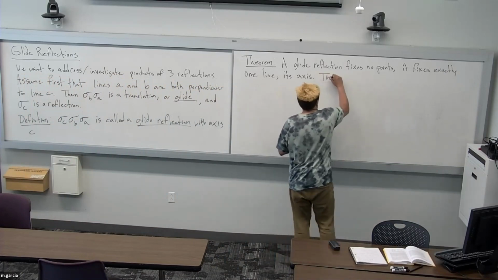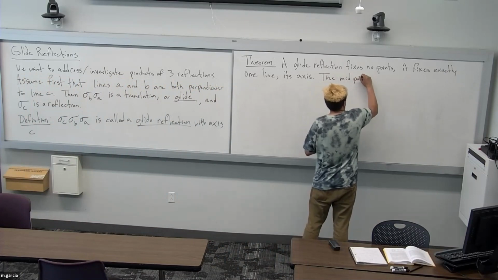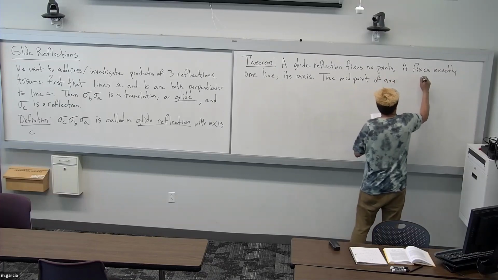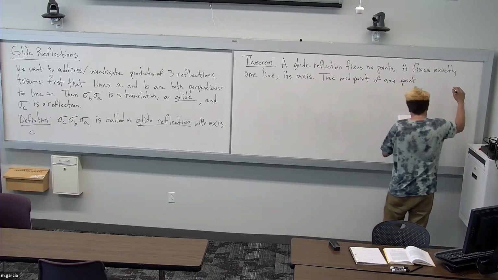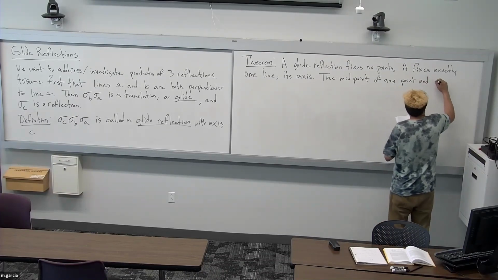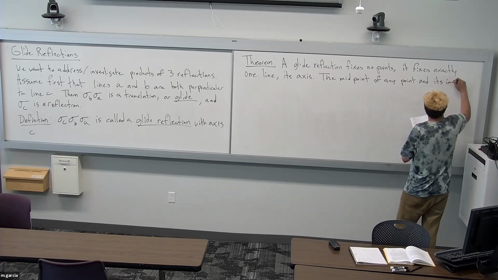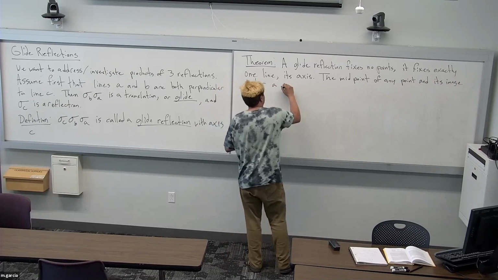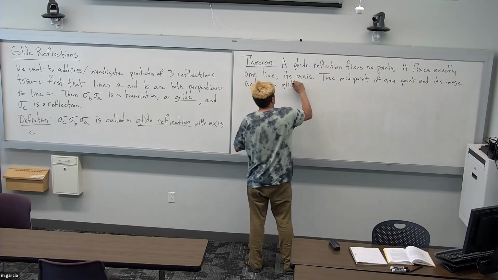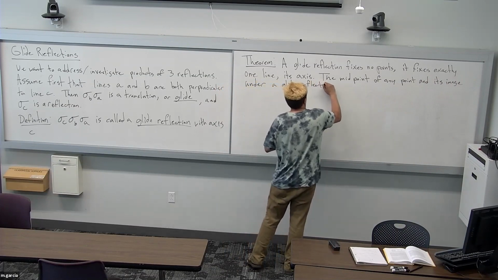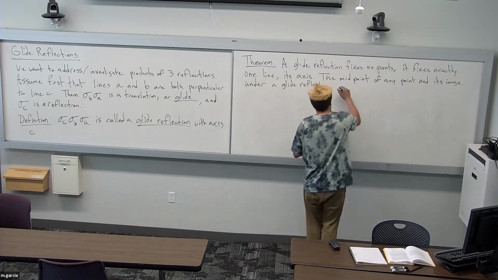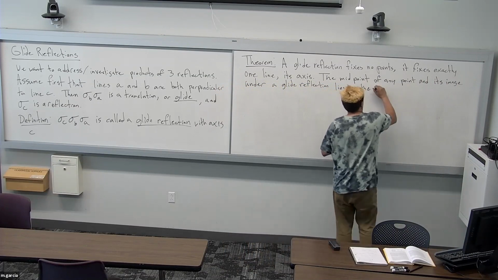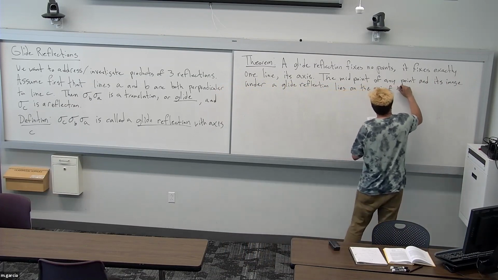Furthermore, the midpoint of any point and its image under a glide reflection lies on the axis of the glide reflection.